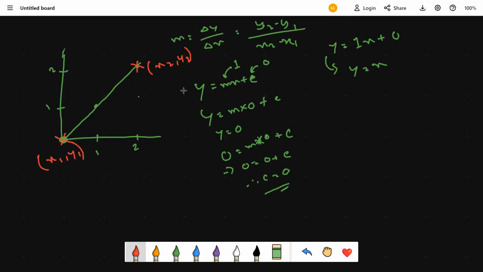Now, if we place this in the equation, what do we get? Let's calculate this. So m equals y2 minus y1. Y2 is what? Here y2, we got to know from this point, it is 2, isn't it? So 2 minus y1. We have y1 over here, because we write the coordinates in that way, like x and y.